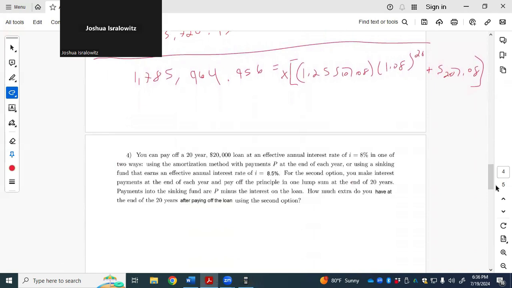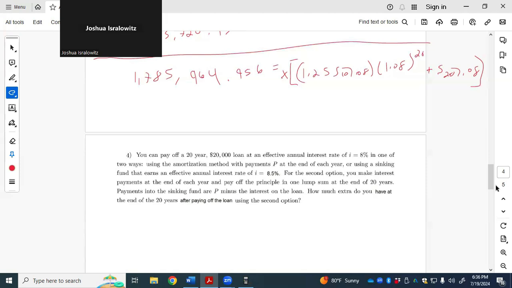Okay, four. All right, so you have a 20-year loan that you can pay off normally, or you can pay it off using a sinking fund.